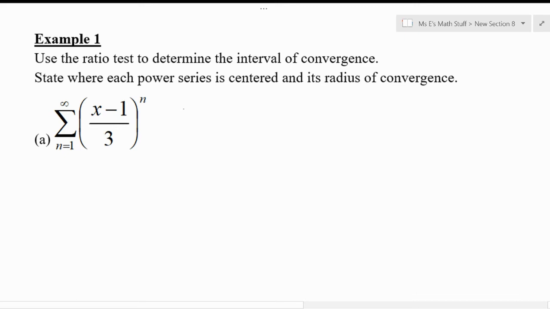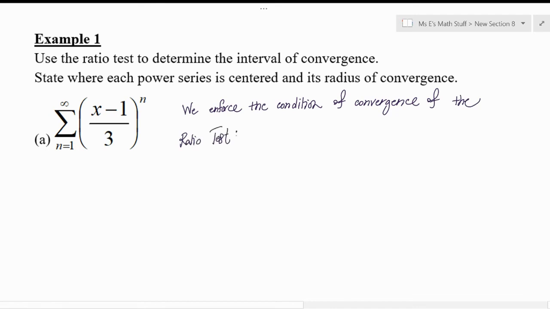This little sentence is going to take care of that. So we enforce the condition of convergence of the ratio test, and then a little colon that kind of says like, dun dun.